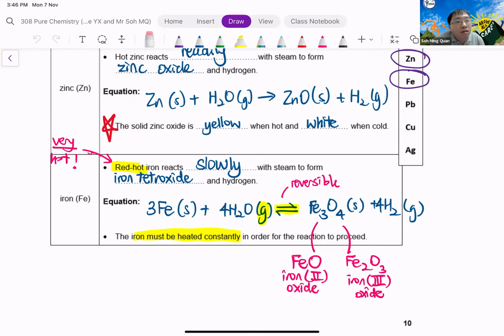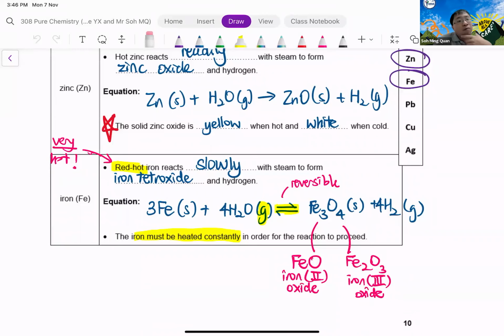But one important reason could be that because this reaction is quite slow, all right, it takes a long time to happen, your iron 2 oxide, some of it can oxidize to iron 3 oxide, but not all of it, because it takes a long time. There's a long period of heating needed. And therefore, some of the iron 2 oxide can oxidize to iron 3 oxide. And that's the reason why you end up with both products being present.